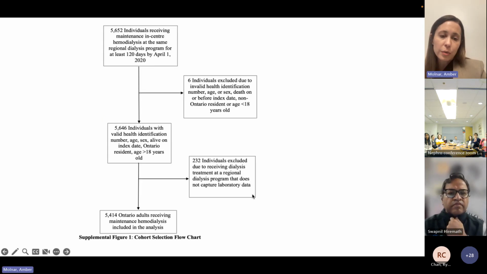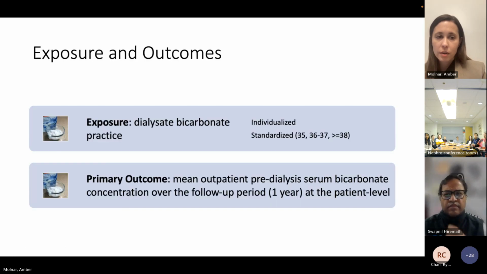So in the end, we included over 5,400 patients in our cohort. And our exposure was the dialysate bicarbonate practice of the center. And so some centers were using this individualized approach, making adjustments usually dependent on the pre-dialysis serum bicarbonate concentration.